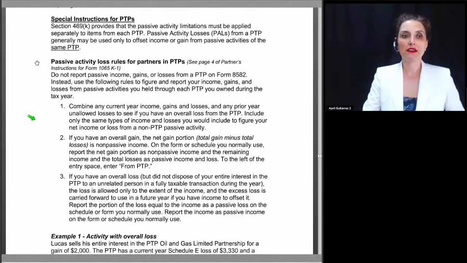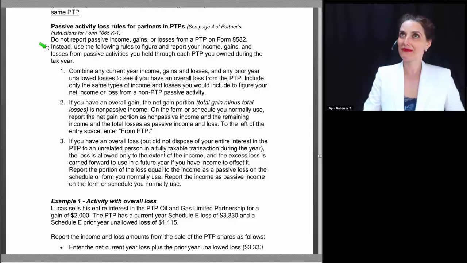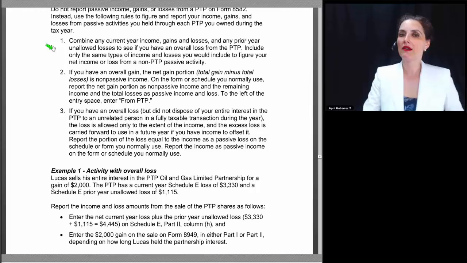And this particular instruction comes from page 4 of the partner's instructions for Form 1065 Schedule K-1. Do not report passive income, gains, or losses from a PTP on Form 8582. Instead, use the following rules to figure and report your income, gains, or losses from passive activities that you held through each PTP that you owned during the year. Combine any current year income, gains, and losses and any prior year unallowed losses to see if you have an overall loss from the PTP.